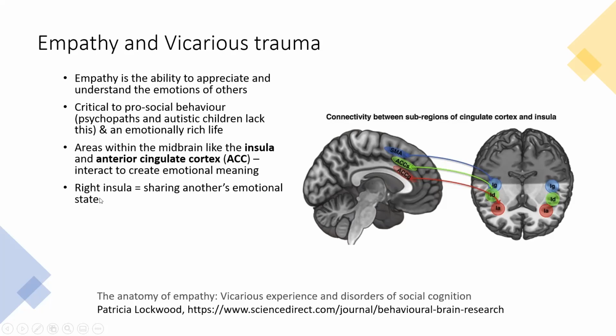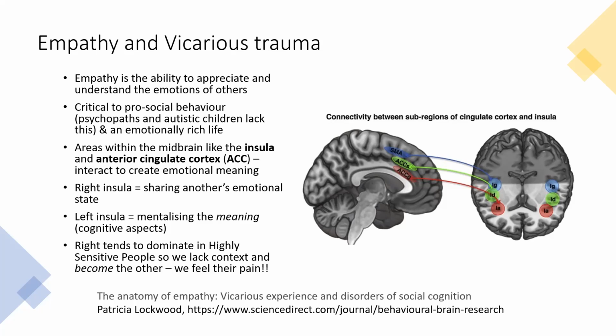And as I've said, there is a right and a left division here as well. So the right-hand side of your insula is all about sharing another's emotional state. And the left insula is about mentalizing the meaning, in other words, the cognitive or thinking aspects of your brain. And the right tends to dominate in highly sensitive people.